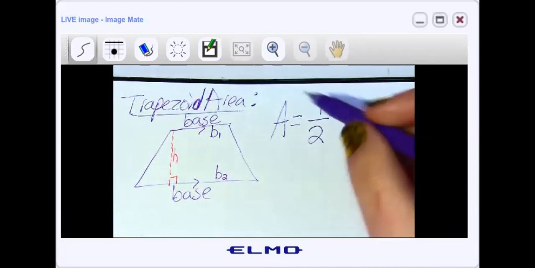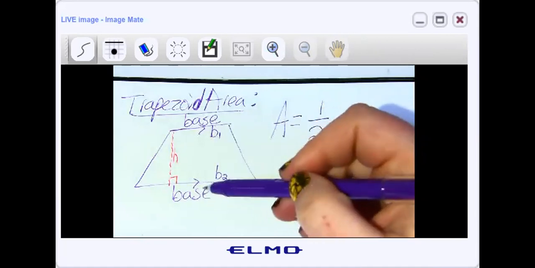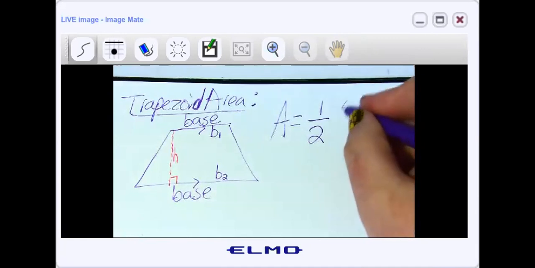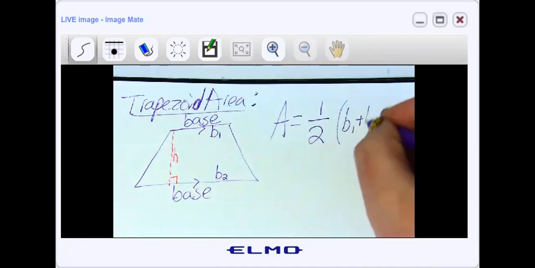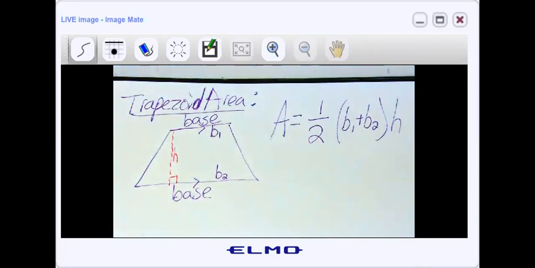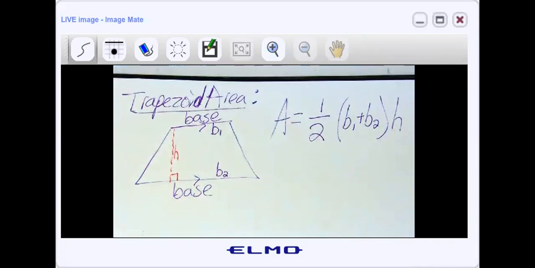It's just that since we have two bases, we add them together. That's it. So it's 1/2, not just the base, but the sum of those two bases, and then you times it by the height. So it looks a little complicated, but it's not. It's just 1/2 base times height, but I have two bases to add together. That's all. Nothing too crazy.